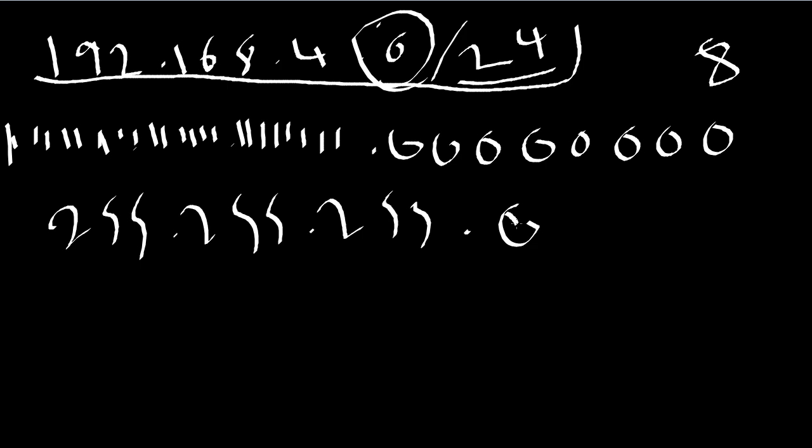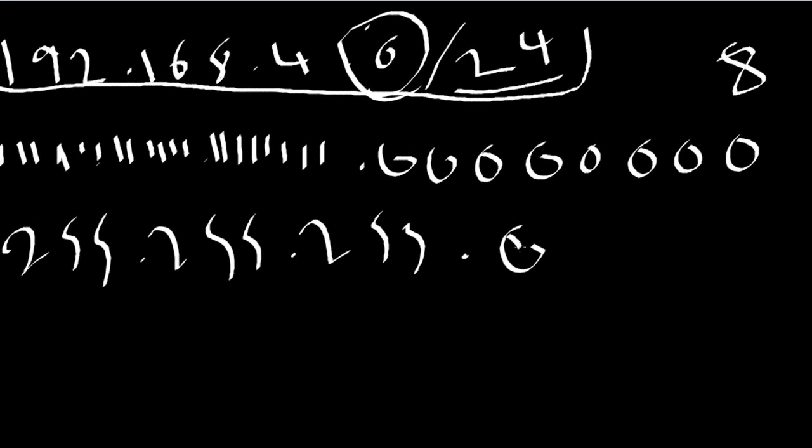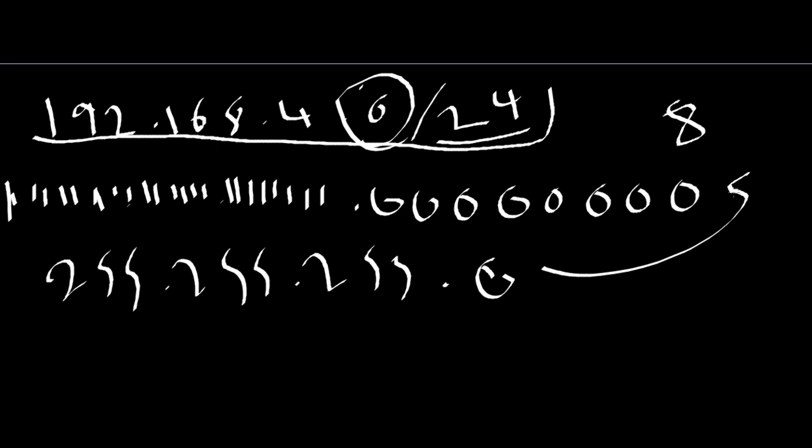It also tells us the subnet mask. So we can get the subnet mask and its representation in binary. We can also now convert this exact IP address to binary.